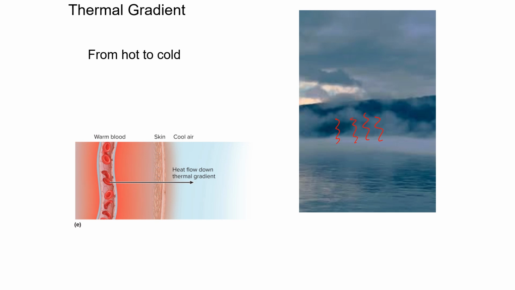We also know about this for ourselves with this example over here on the left, which is that if you build up heat in your body, which you do every day, I mean, we maintain 98.6, but if you build up a little bit of heat, that heat will dissipate out from your hot body into the cooler air around it.